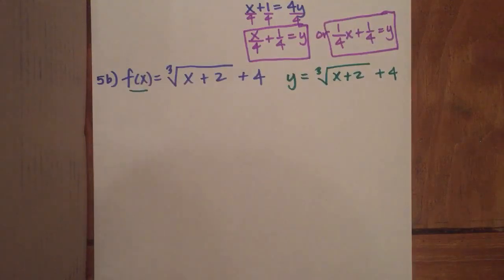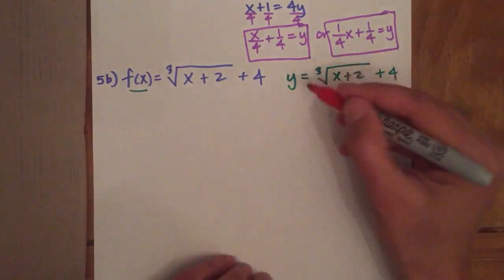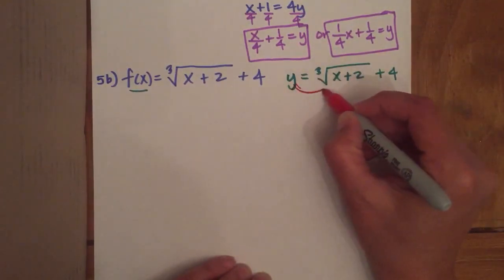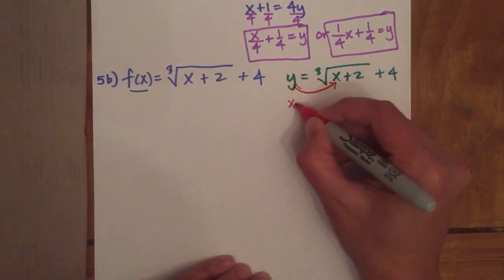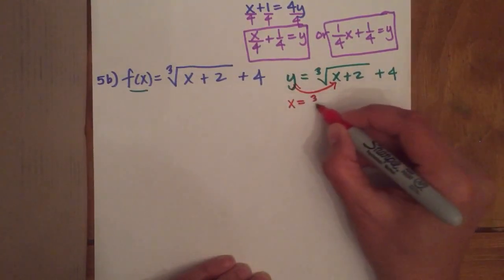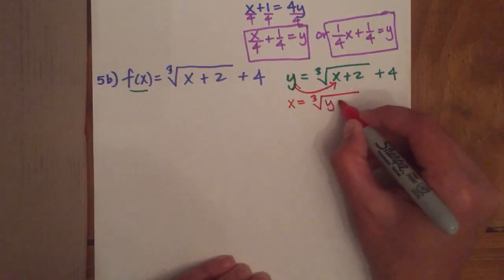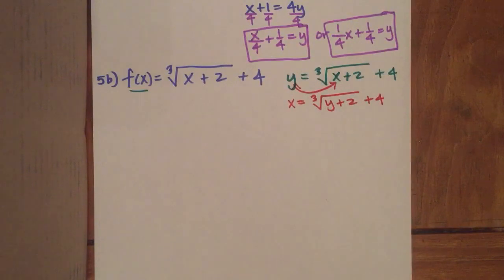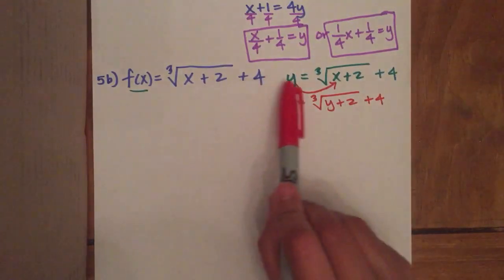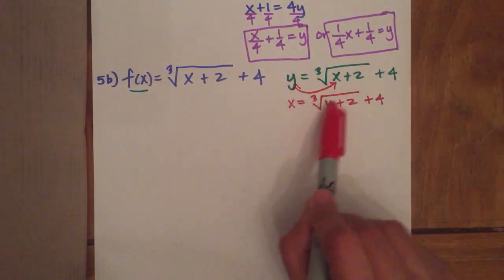After we do that, I want to find the inverse function. So I'm going to switch the x and the y. I'm going to write this now as x equals cube root of y plus 2, plus 4. Once again, all I did was replace the f of x with y and then switch the x and y.